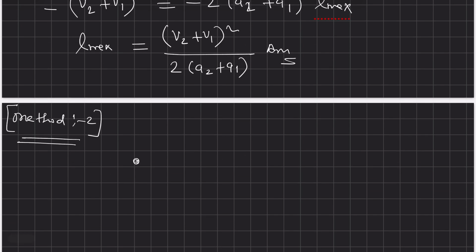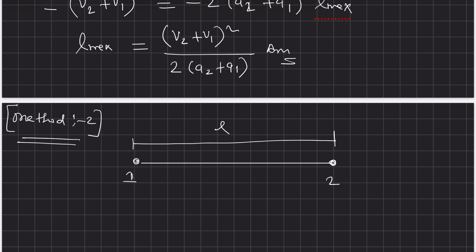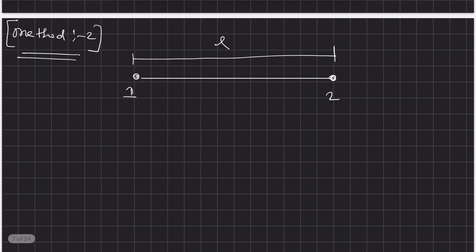Suppose this is your two particles, this is particle 1 and this is particle 2, and this is your L. If we want L to be maximum so that they can meet, that is our interest, and of course it should happen at a common time.